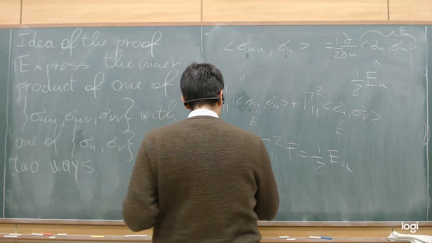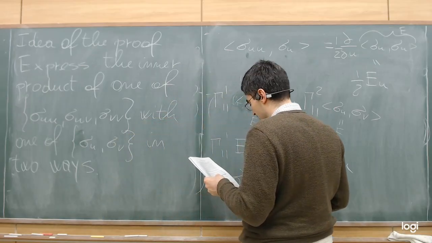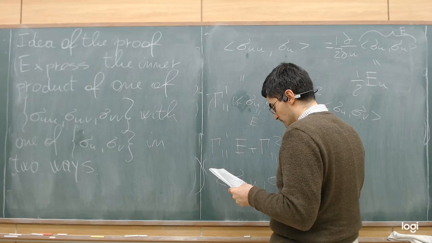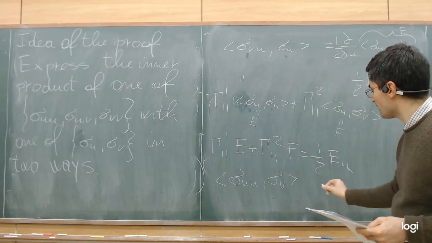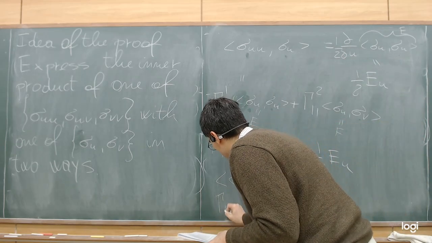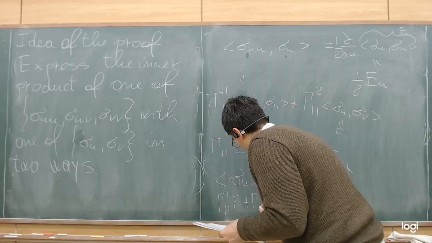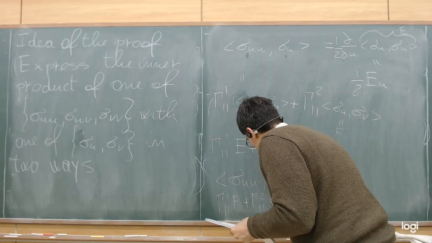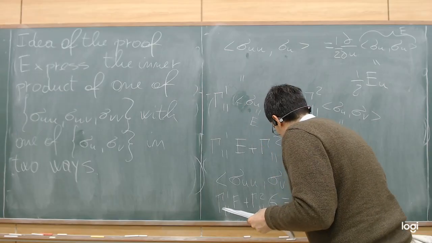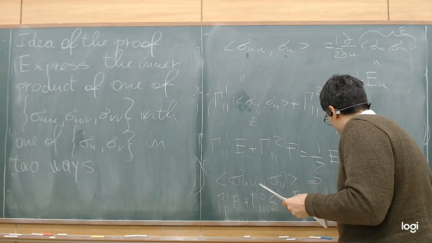Using the inner product of sigma_uu with sigma_v, you can prove that gamma 1 1 1 F plus gamma 1 1 2 G is equal to F_u minus 1/2 E_v.